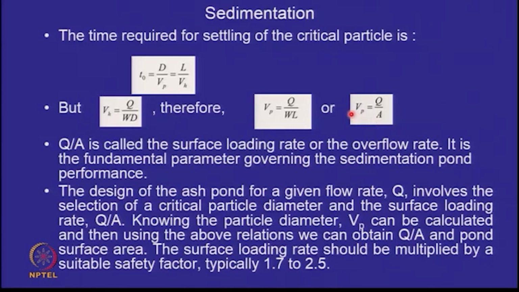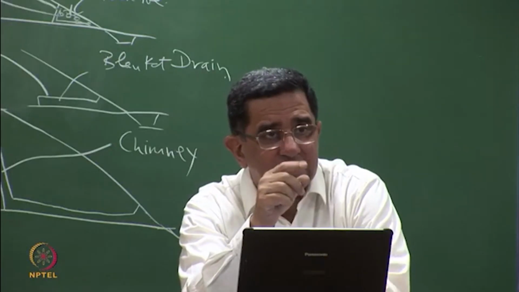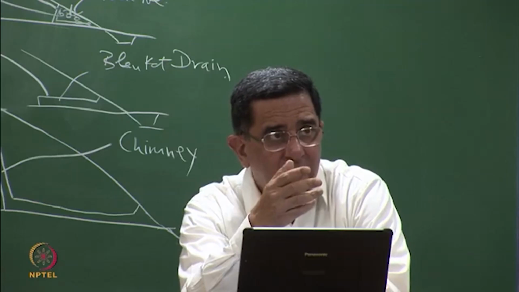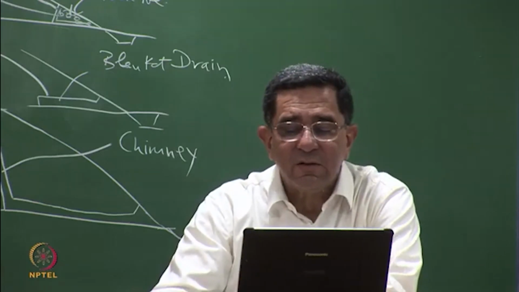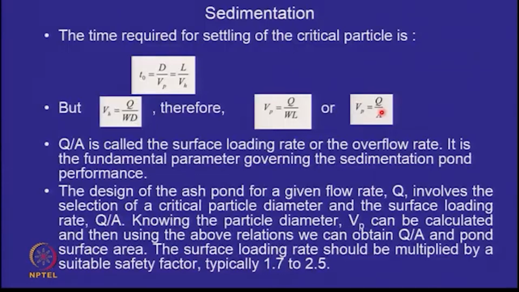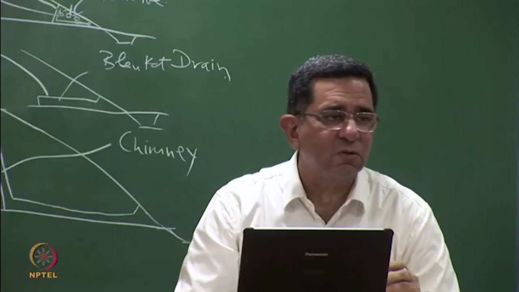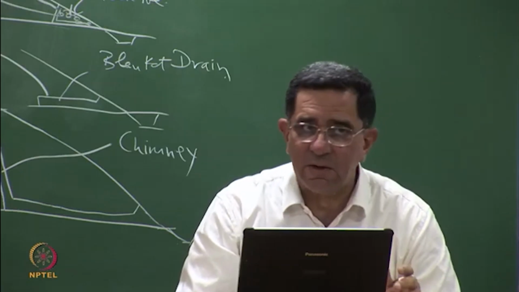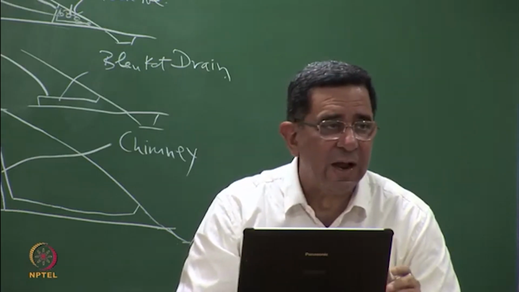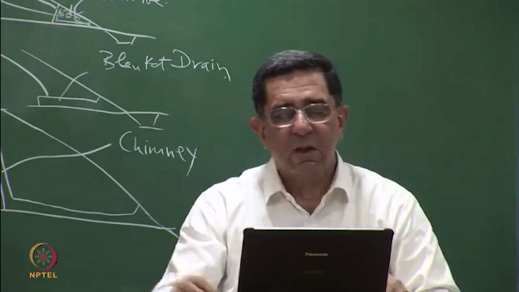So the finest particle will have the lowest V and it will give you the highest area. So to catch all your fine particles, how much area you require, you do it through a sedimentation analysis. And typically, believe me, when you do these computations, you require areas of the size of 2 kilometers by 2 kilometers or 1.5 kilometers by 1.5 kilometers for adequate retention time.